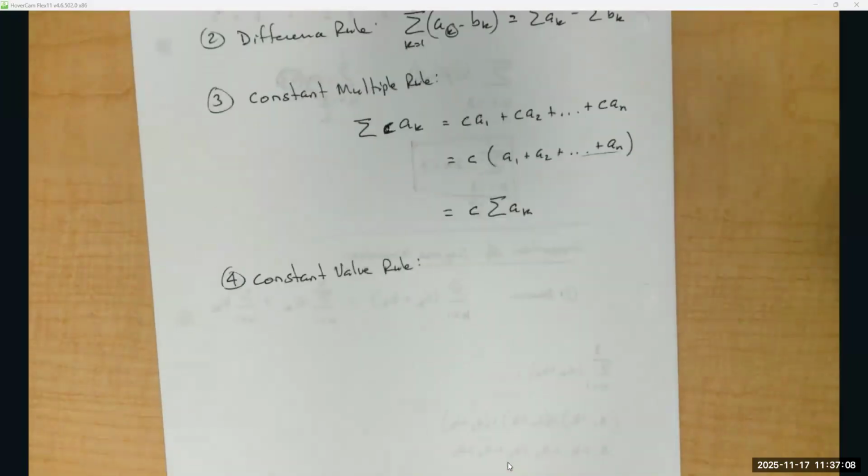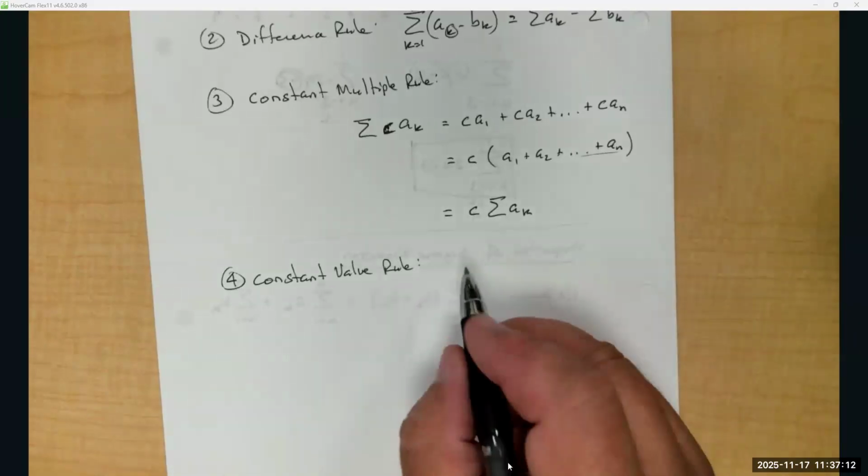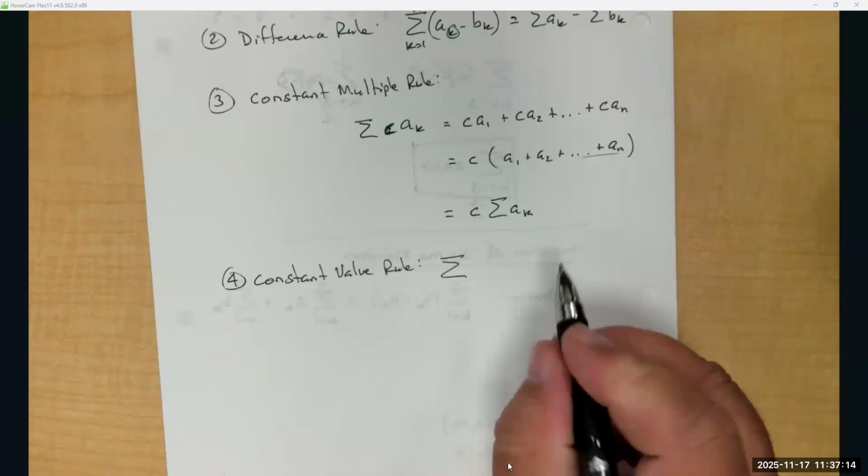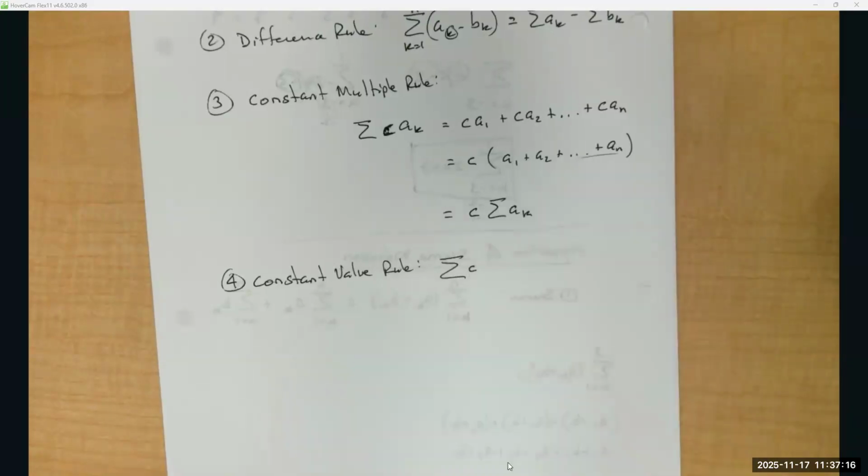The constant value rule. What does that mean? If it's not indexed, remember, you have to have a k in the equation for it to be indexed.